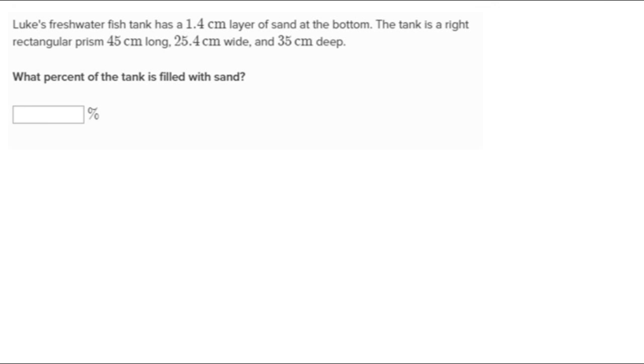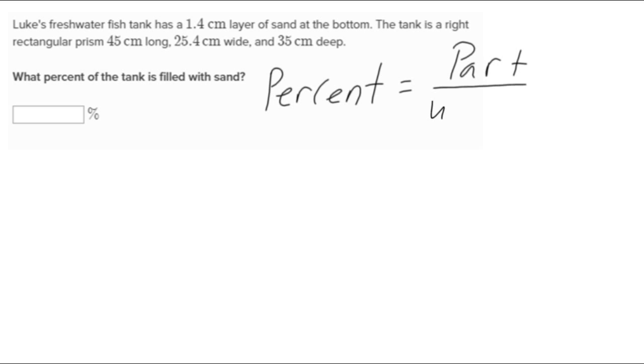All right, in this problem, we want to figure out the percent. What percent of it is filled up? Well, you have to understand in this problem that percent is equal to part divided by whole.